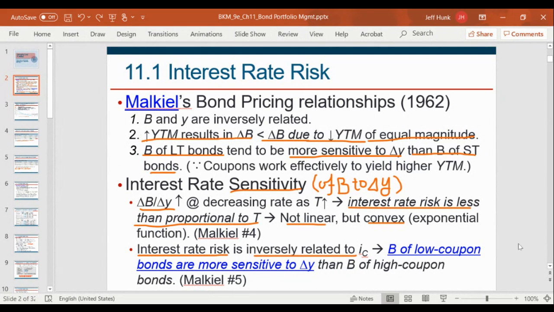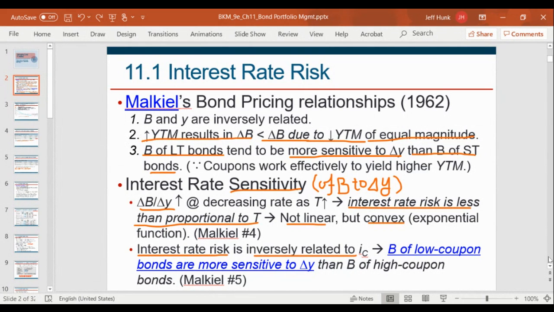That's Malkiel's theorem number two, which means it's asymmetrical, right? When yield to maturity goes down, of course the price will go up, and that change in price is greater, even if it's the same 1% drop or 5% drop or 5% increase in yield to maturity, right?